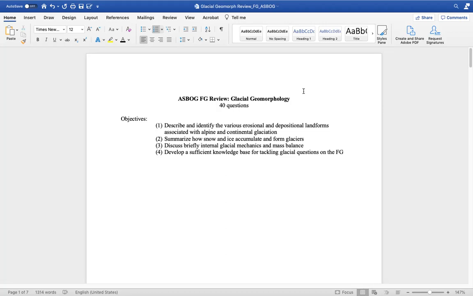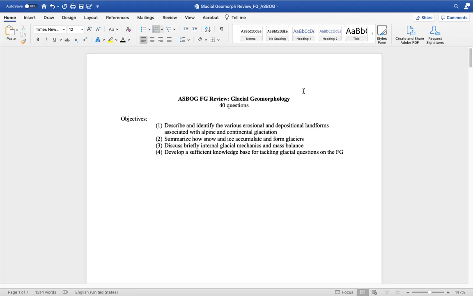What I'm wanting you to get out of this exercise is familiarity with erosional and depositional landforms that we see in alpine and continental glaciation. The ASBOG exam only really focuses on those two concepts.